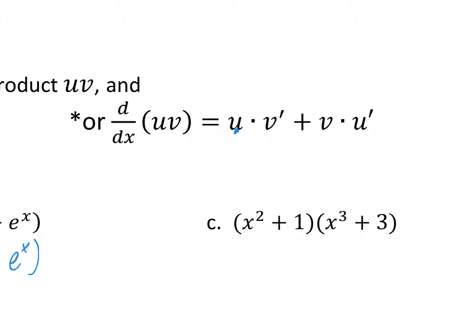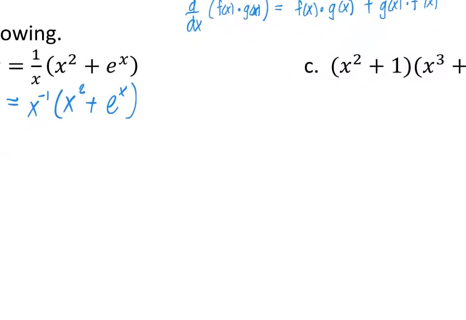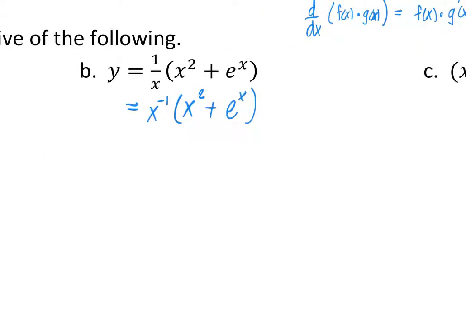You could say the derivative of f of x times g of x is f of x times g prime plus g of x times f prime. And this is saying the same exact thing. It's saying first derivative of the second, second derivative of the first. And I'm writing it like that because that's the way that I learned it. And when I do my labeling, I usually say f of x and g of x.